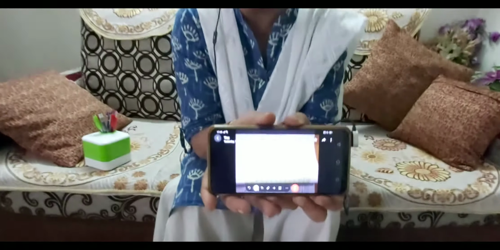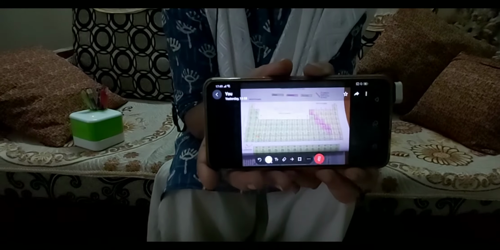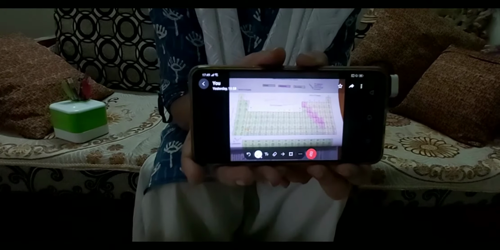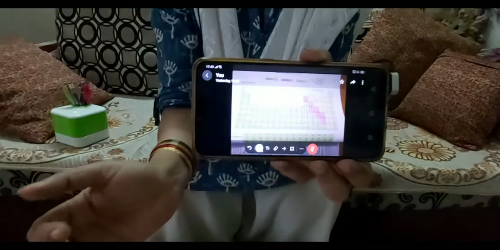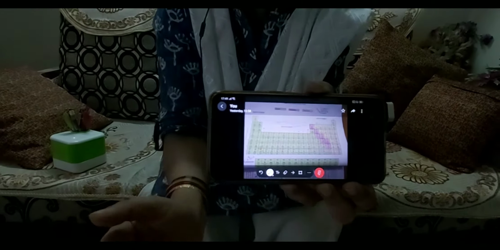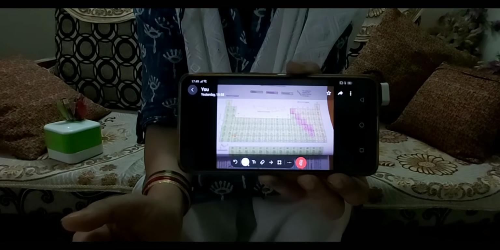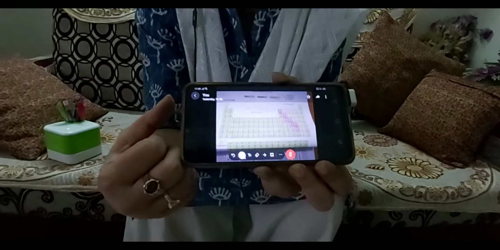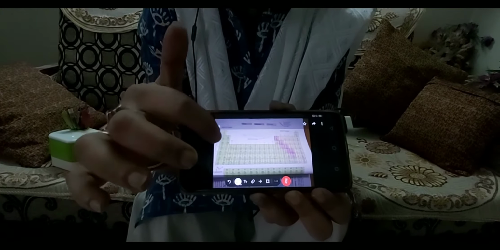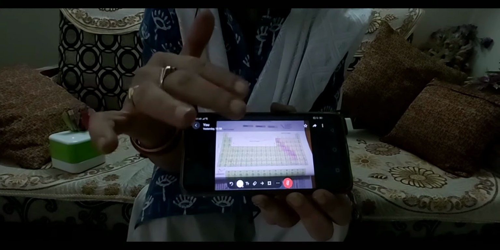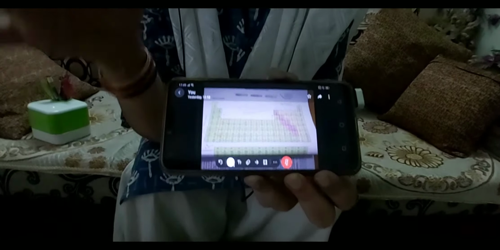So now here is the modern periodic table, and I'm going to show you how the various elements are arranged in the modern periodic table, and I'm going to use the annotation here. So this is the modern periodic table. Are you able to see there are three different kinds of boxes?